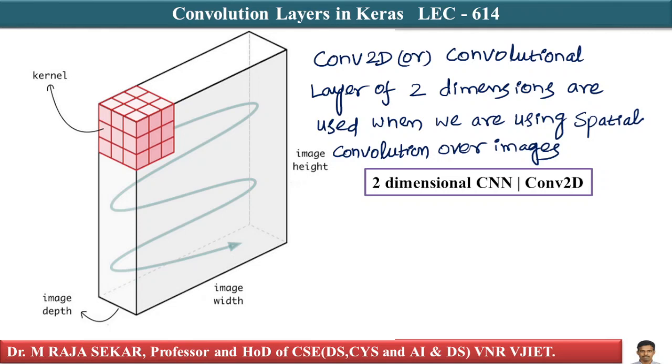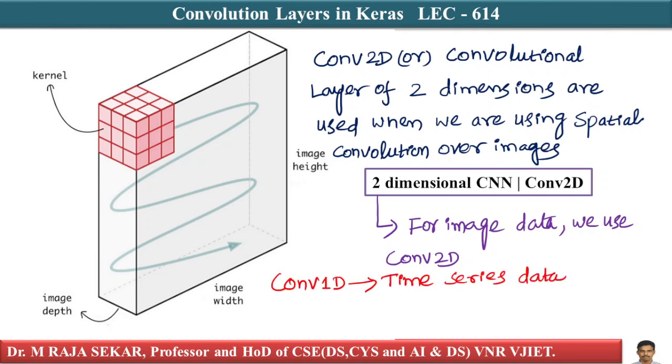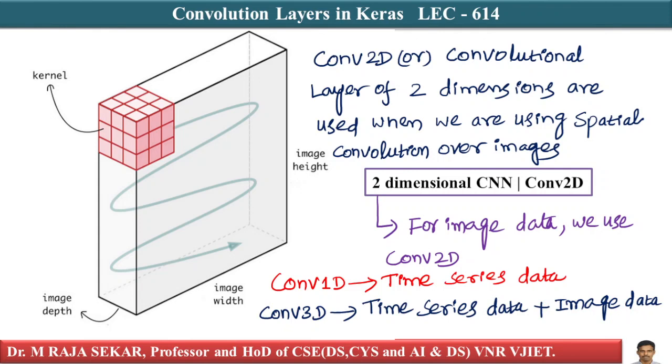For any image data you would use Conv2D, whereas on time series data, Conv1D. There is also Conv3D, which you can use on time series plus image data. So we will come to that later.